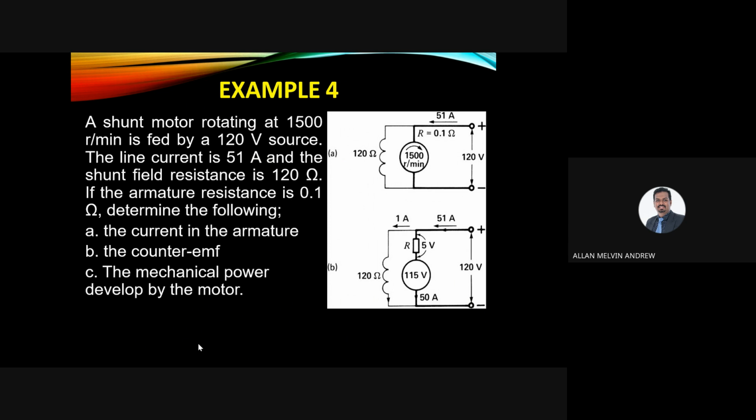The shunt motor rotating at 1500 revolution per minute is fed by the 120 volt source. The line current is 51 ampere and the shunt field resistance is 120 ohm. If the armature resistance is 0.1 ohm, determine the following. A. The current in the armature. So we find the field current first.